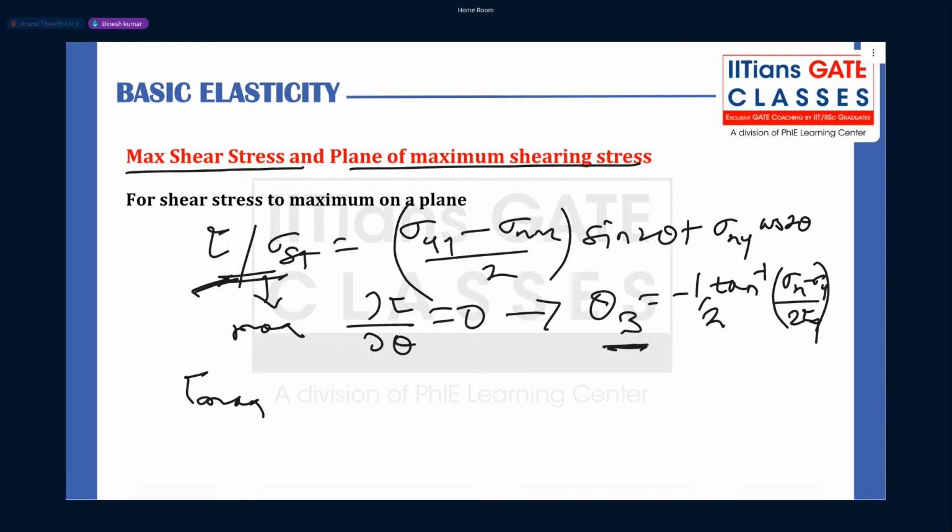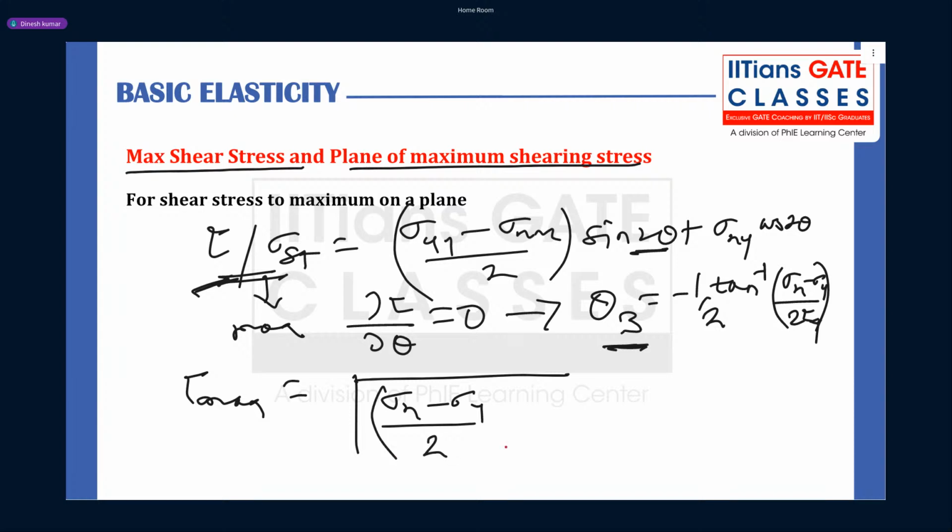So if you substitute theta 3 in this equation, tau maximum will be coming as under root of (sigma x minus sigma y by 2) square plus tau xy square. So this is the formula of tau max, and this is the plane of maximum shear stress.